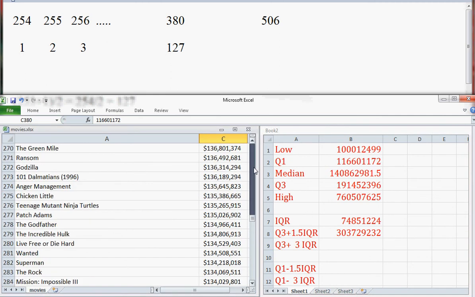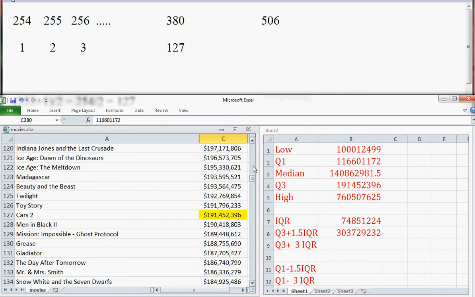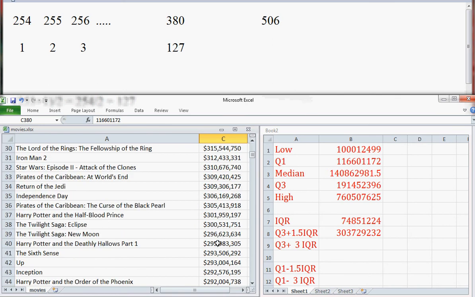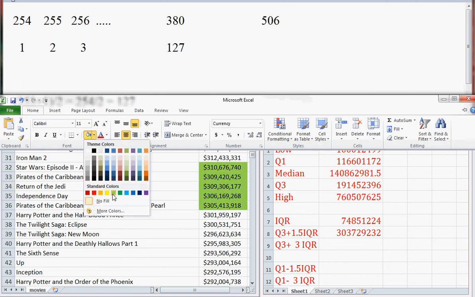Looking at the list, so here's my median I just passed. There's the third quartile I just passed. And going up to 303 million, Harry Potter and the Half-Blood Prince is inside this number, but this number is outside. So let me mark that as a possible outlier.